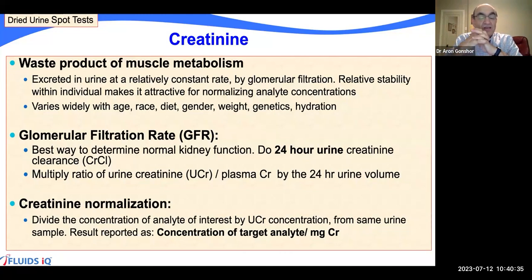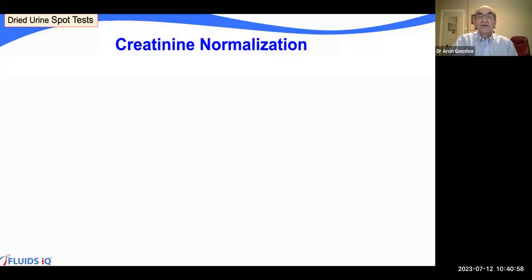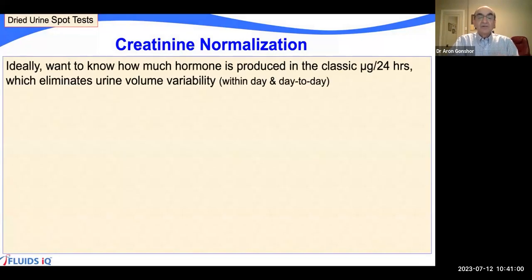So any analyte that you're measuring with a spot test, you divide the concentration of that analyte, let's say estrogen, from the sample in urine by the creatinine level in urine, and that's going to give you a value. Well, you say, okay, that's great. Well, it's not so great, because ideally, what you want to know is how much hormone was produced in the classic microgram per 24 hours.